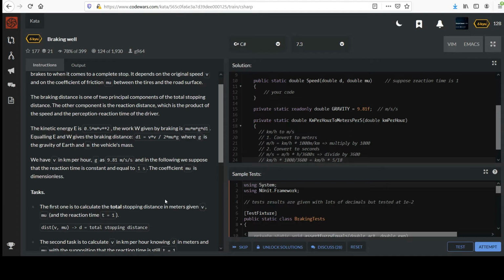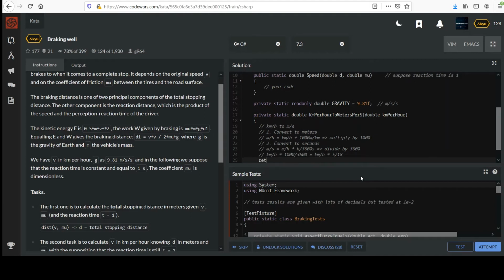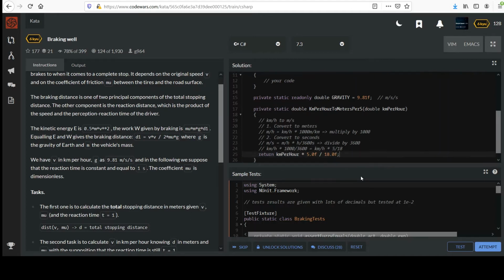And so if we multiply the passed-in value by that, we should end up with meters per second. So I can say return km per hour times 5.0 over 18.0 f, floating point values. Okay, so that helps us.